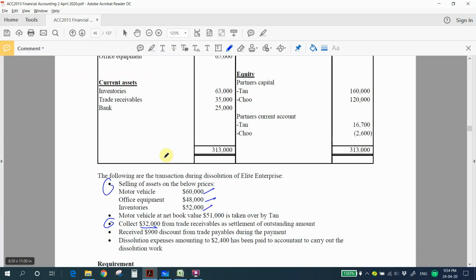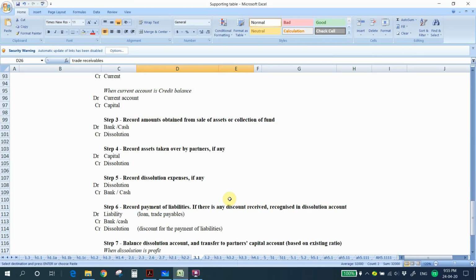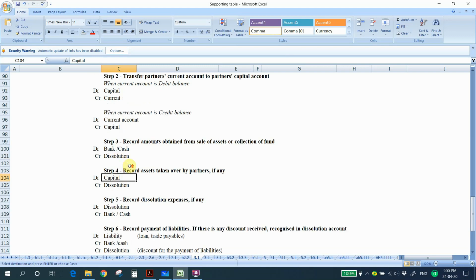Next, the motor vehicle at net book value of 51,000 is taken over by Dan. So this refers to step number 4. When you have any asset taken over by the partner, you should debit the capital account and credit goes to the dissolution account.